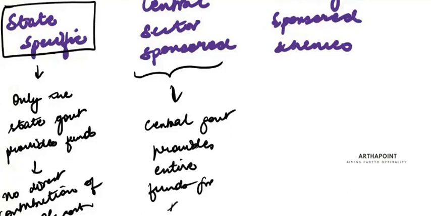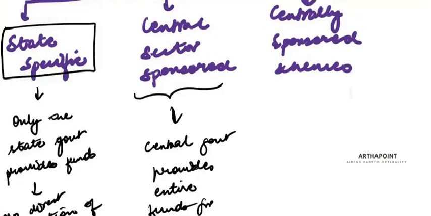So, for example, the central government comes up and says that I am going to provide you 100 days of guaranteed employment for every individual. Then the central government will sponsor that. If the central government is bringing in a scheme, if it is a central sector scheme, then the complete funds will also come from the central government.